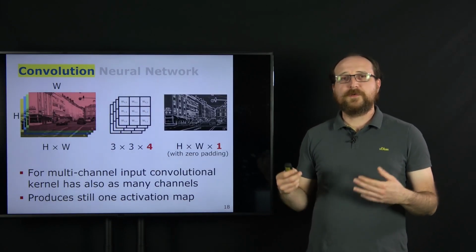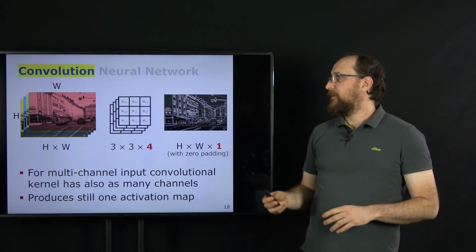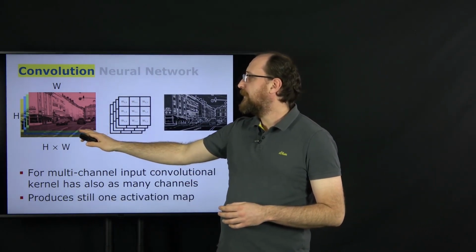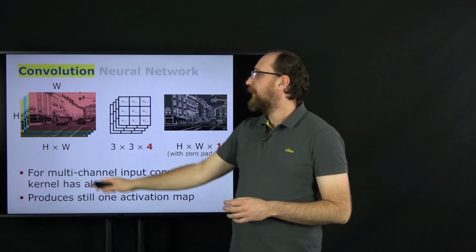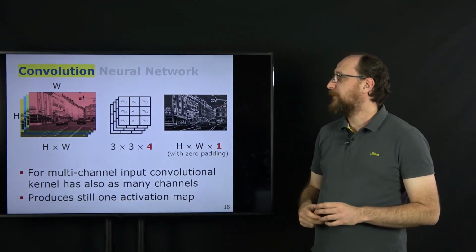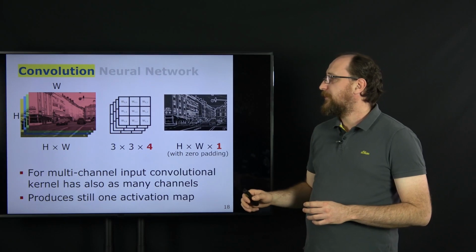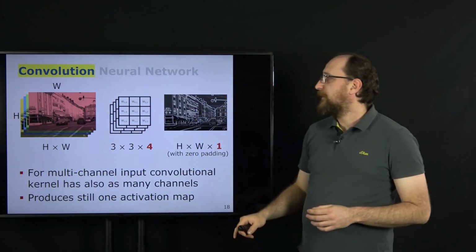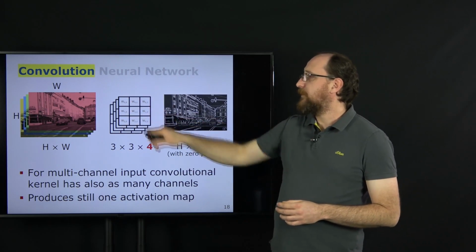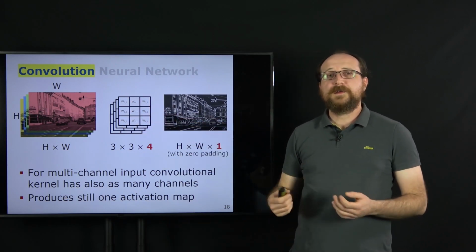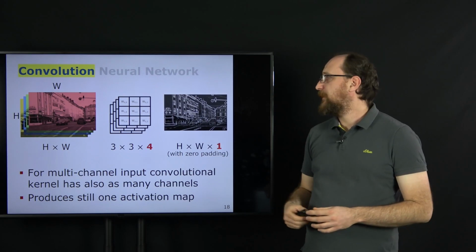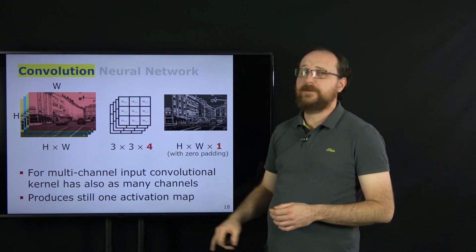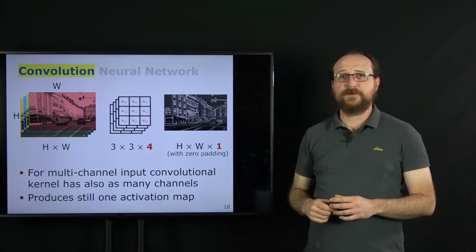For the convolution, to note is that we usually don't have only a single channel image, but multiple channels, indicated here by the different colors. So we have an image with, in this case, 4 input channels, and then the 2D convolution in this case has also 4 channels. That means we not only have 9 weights, but 4 times 9 weights in the end, which we want to adjust.